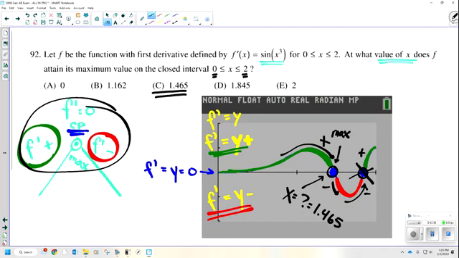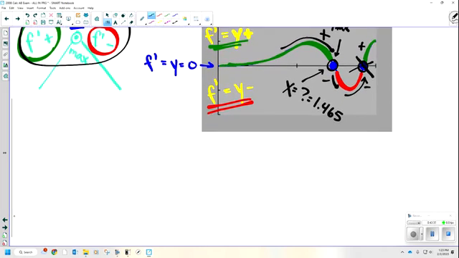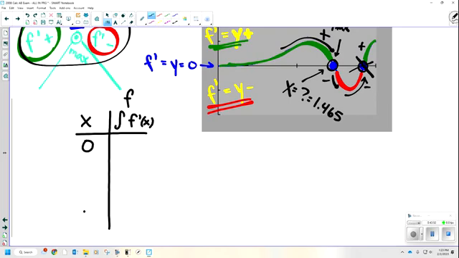So let's do something right here. Okay, let's do a table right now. Here's my x value. If I want to find the original function, I have to integrate my derivative. Okay, and I go from 0 to 2, and here's my 1.465. So let's figure out my y value. It's this column right here.